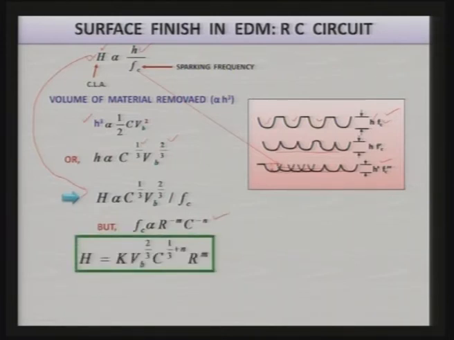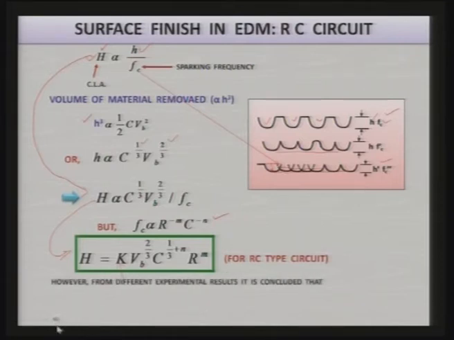Using this relationship, the equation can be written h is equal to k V_V raised to power 2 by 3 C raised to power 1 by 3 plus n and r raised to power m. Here again, k is the constant of proportionality. You have to evaluate it with the help of the experimental results.